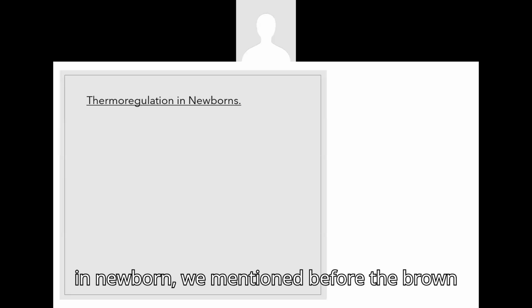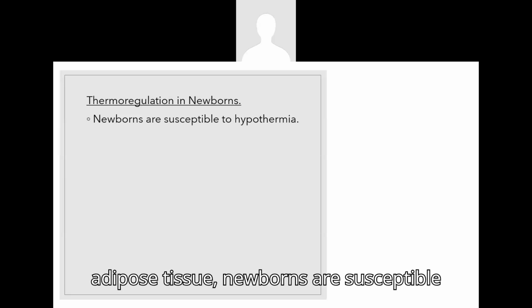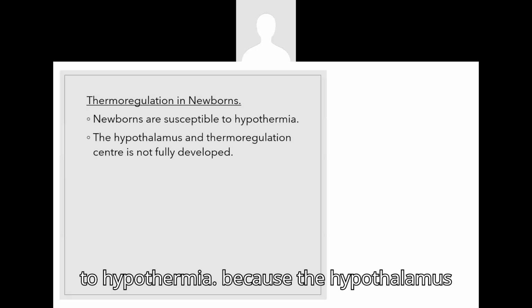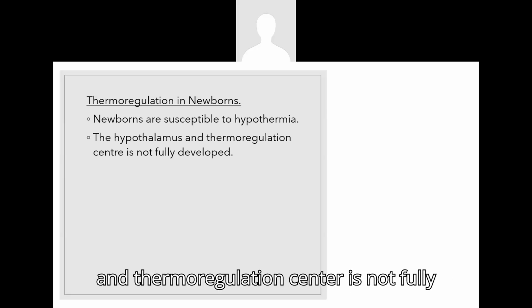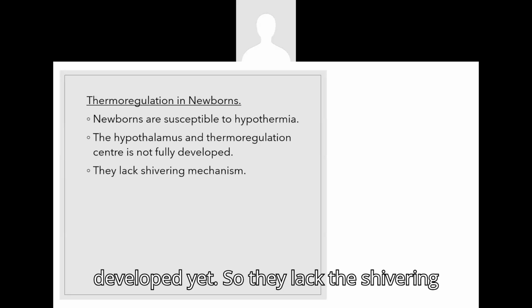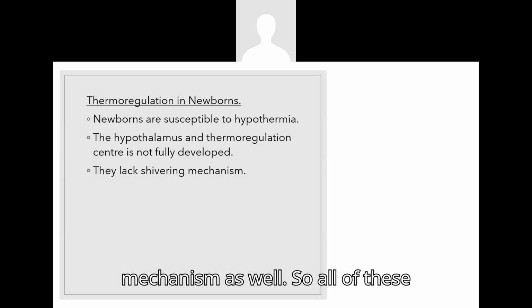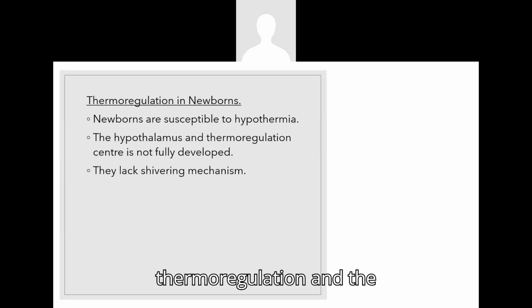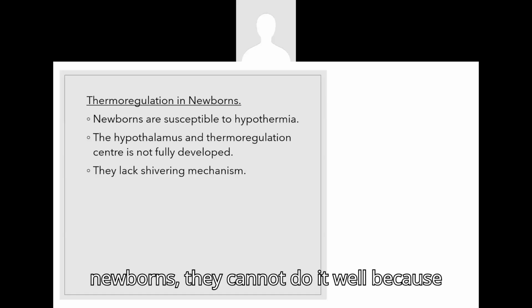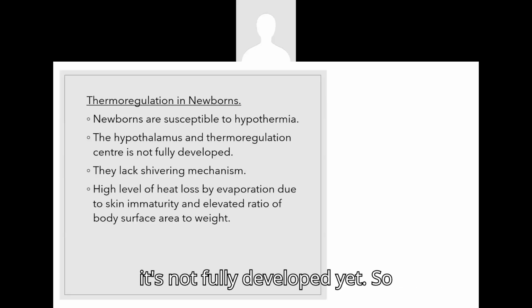So in newborn, we mentioned before the brown adipose tissue. Newborns are susceptible to hypothermia because the hypothalamus and thermoregulation center is not fully developed yet. So they lack the shivering mechanism as well. So all of these thermoregulation and the shivering thermogenesis, infant newborns, they cannot do it well because it's not fully developed yet.